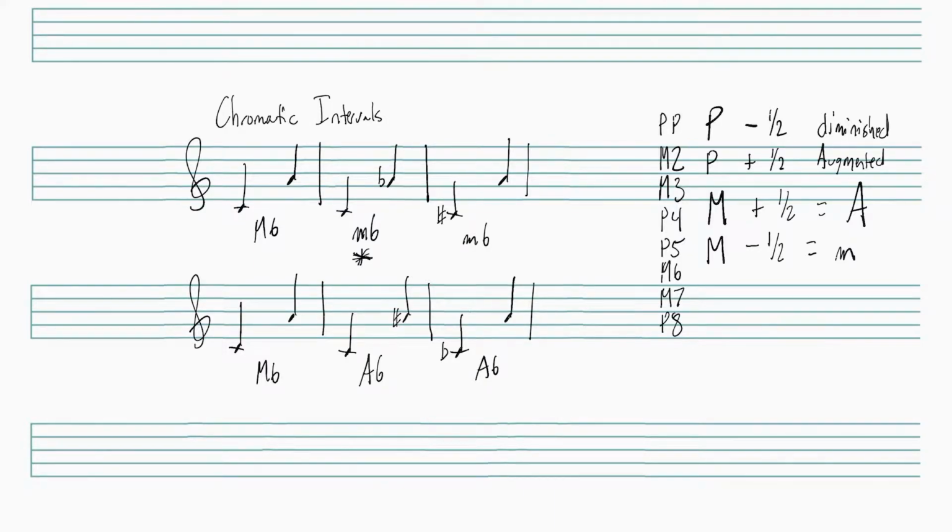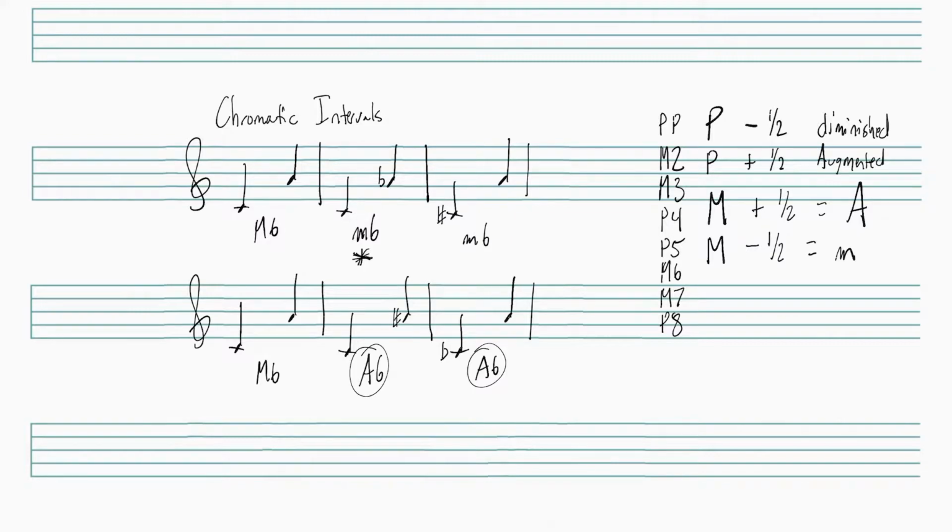Now this augmented sixth, I'm going to circle this rather than star it, you're going to find the augmented sixth to be a pretty important interval when you do your study of harmony and you start getting into what are called the augmented sixth chords, the French, Italian, and German sixth. This is a whole set of triads based on how you resolve the augmented sixth. So in your study of intervals and you're trying to learn how to spell them quickly, get to know your augmented sixth. It'll be your friend.